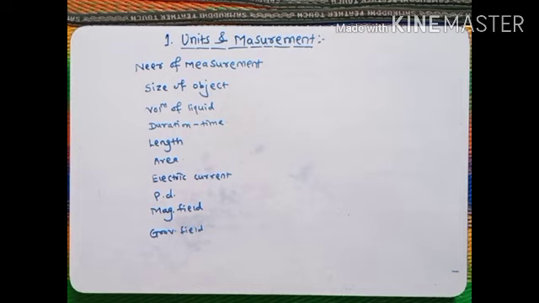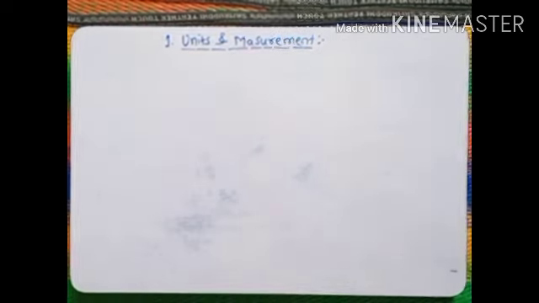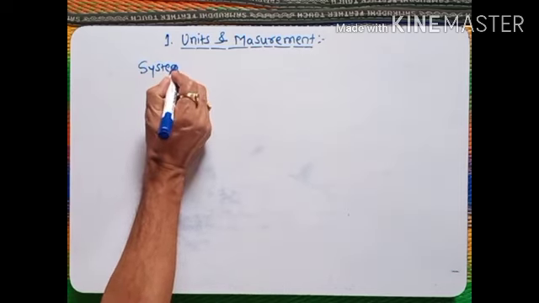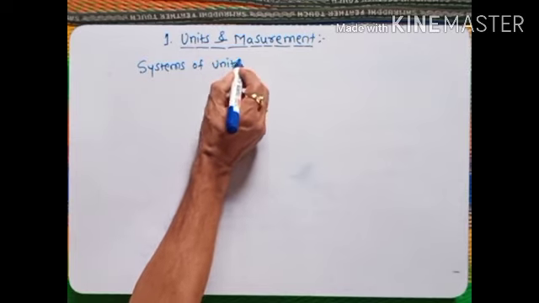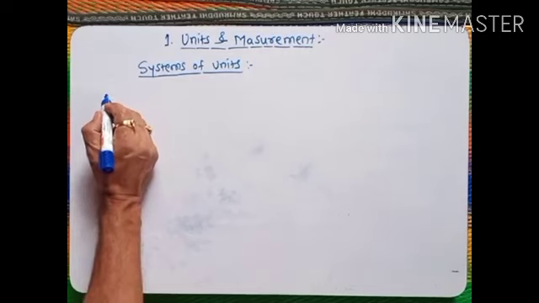Now, for measurement, there are different systems of units. Here we consider systems of units. We will see one by one.